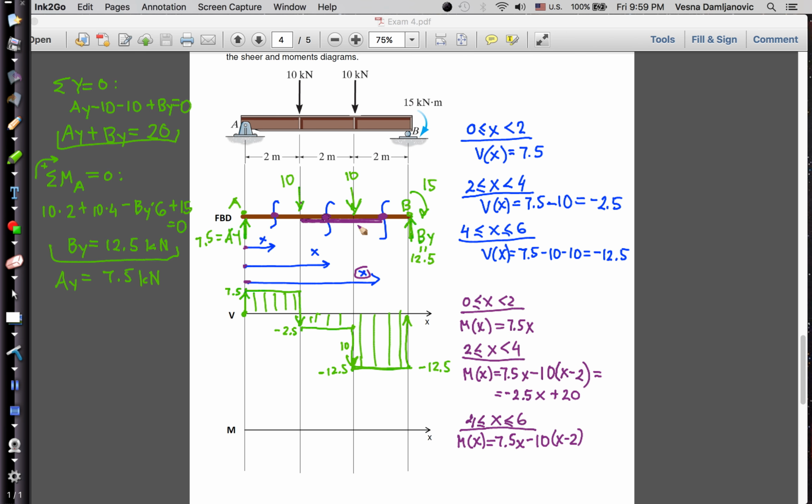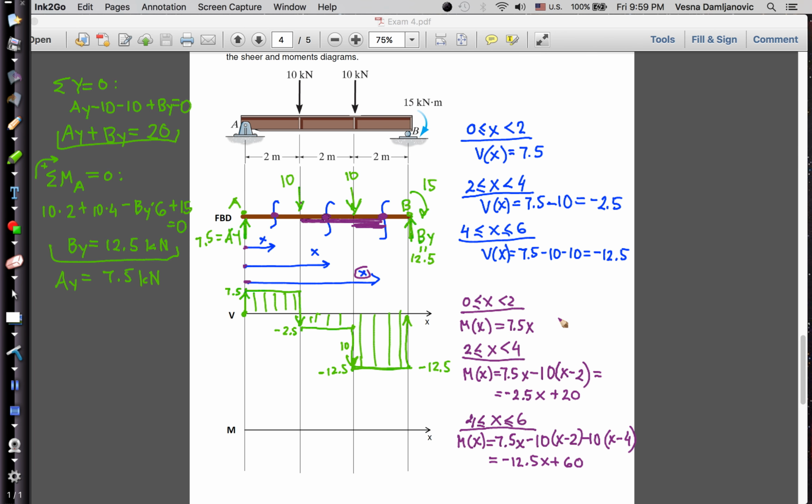That force has the moment of 10 times this amount, which is this x minus that amount, which is 4. So it's minus 10 times (x minus 4). And when you add it all up together, you get minus 12.5x plus 60.